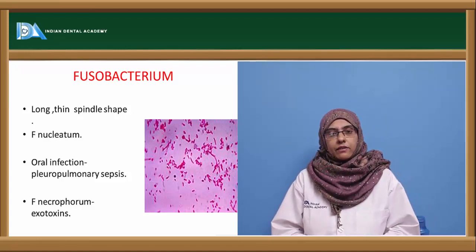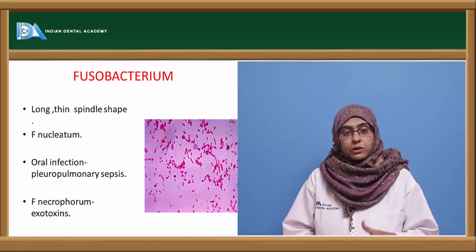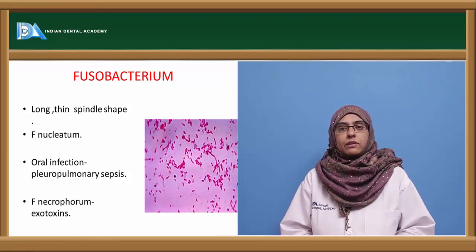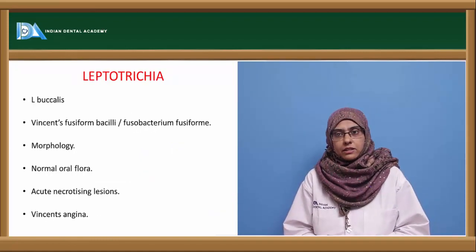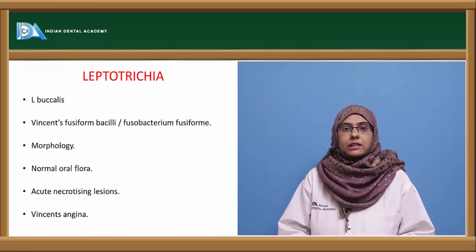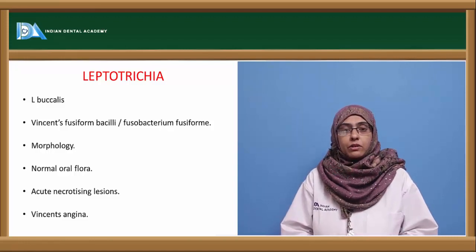And you have F. necrophorum, which produces a potent exotoxin that can cause abscesses of the liver, brain, and other internal organs. Next is Leptotrichia, which contains a single species, Leptotrichia buccalis, a very important organism.